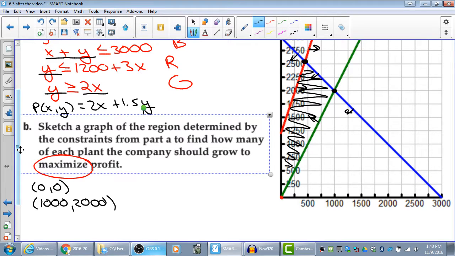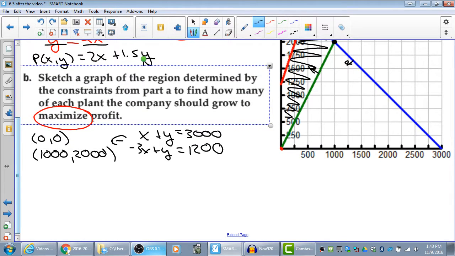If I subtract, x plus y is equal to 3,000, and I have negative 3x plus y is equal to 1,200, that's ready to subtract, right? Because I get rid of the y's. So 4x is equal to 1,800.